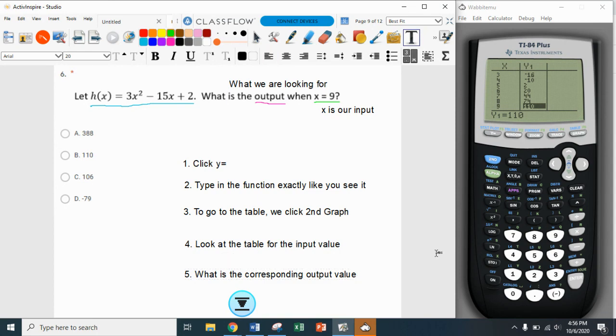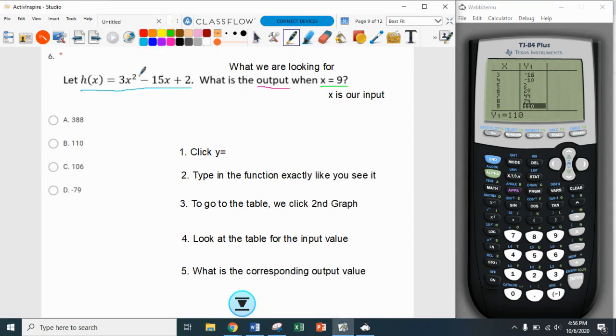What output value goes with the input value? So here we inputted a 9, we plugged in a 9, and we said that gives us 110. So there we go. Already know my answer. The answer is B, 110.